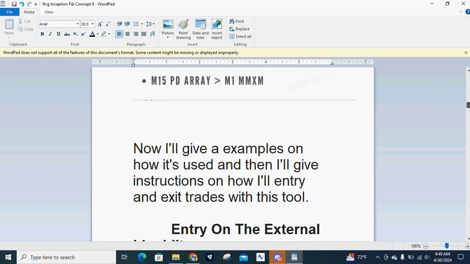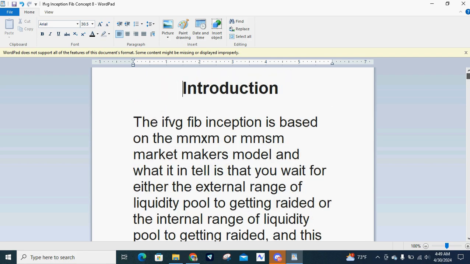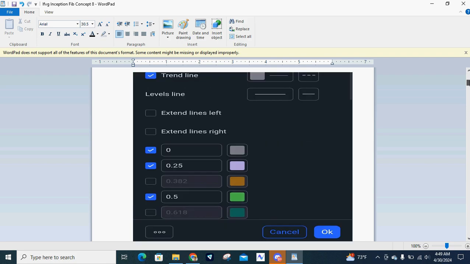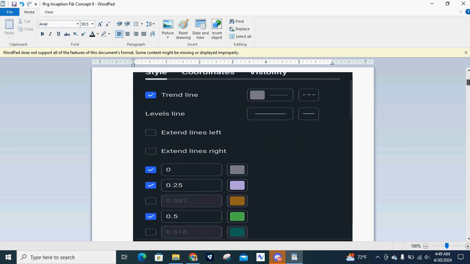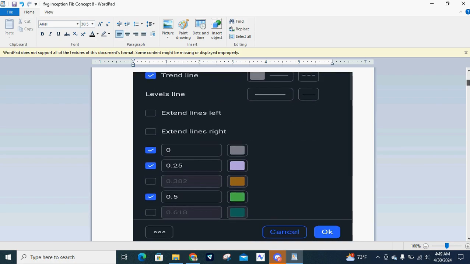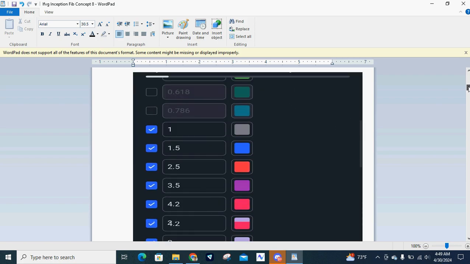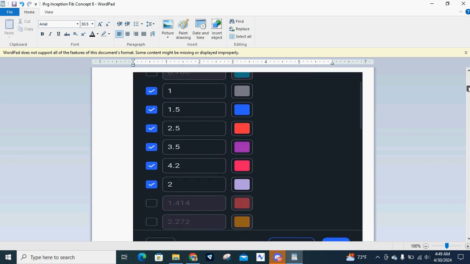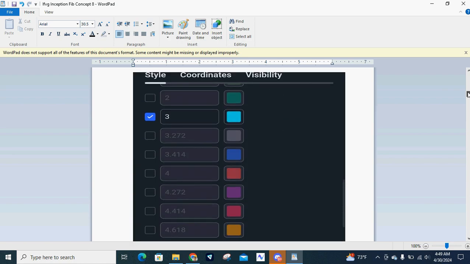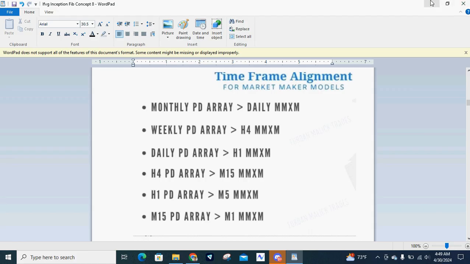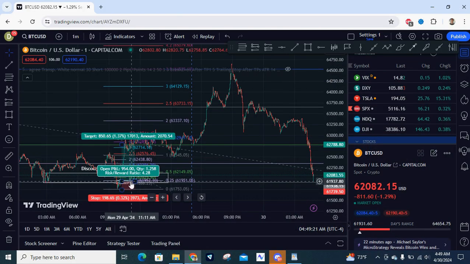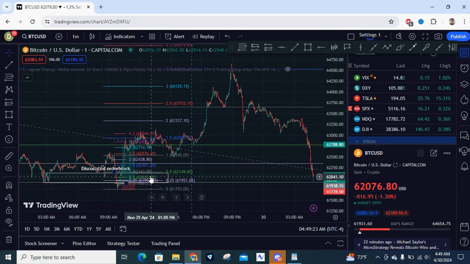It's sort of like a life hack to the market makers model, and then levels to the fibs right here, 0.25 right here, to get pretty much to the 2.0 fibs and the 3.0 fibs right here. I showed it on the better screen, better view.